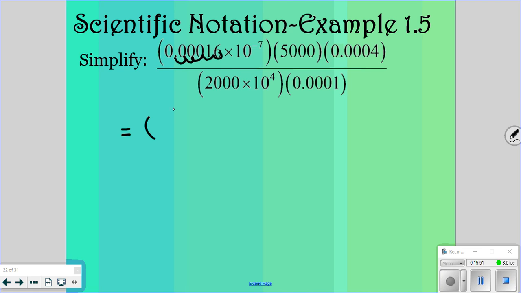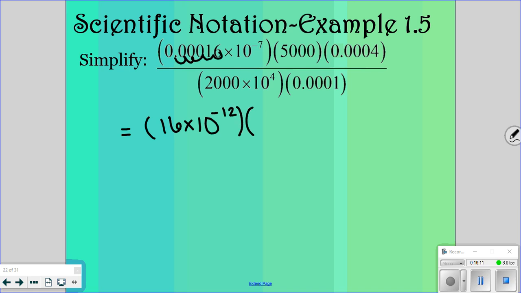So I'm going to move it 5 places. So I'm going to have 16 times 10. So it was negative 7, and then I added 5, or I subtracted 5 more. So negative 7 minus 5 is going to be negative 12.